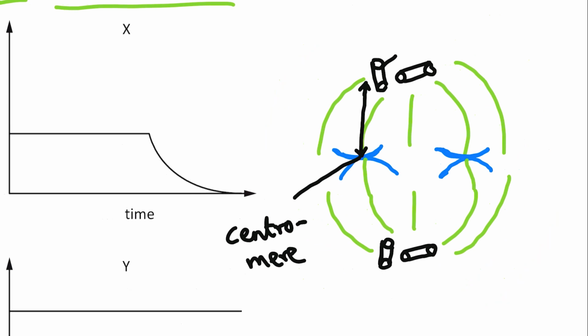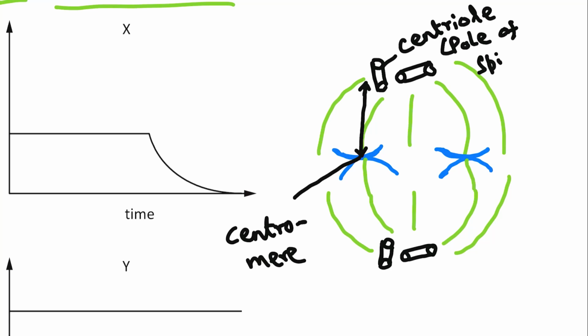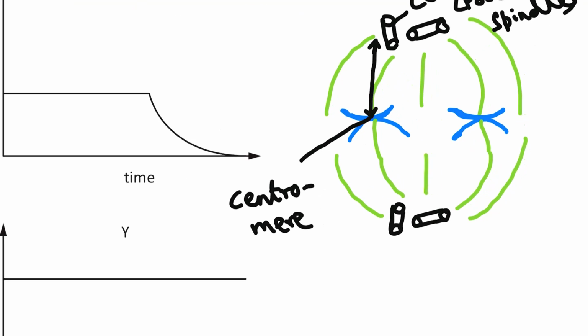This is the centriole, or we can say the pole of the cell. So one distance is between the centromere of the chromosome and the centriole or the pole of spindle, or you can also say the pole of the cell. This is one distance.